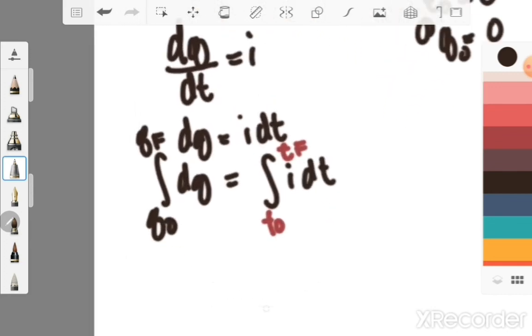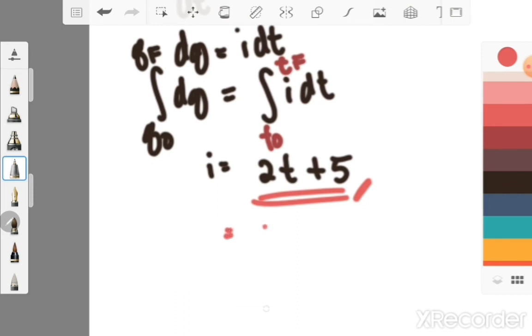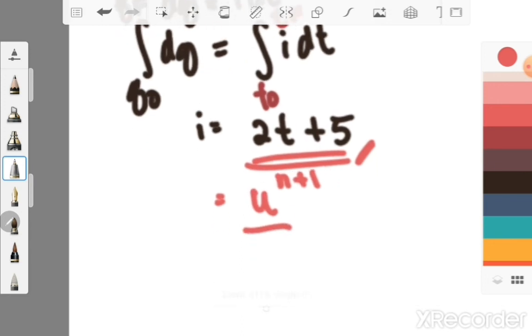Your I is equal to 2t plus 5. Right? So the formula for the integral of this function is just relatable to u raised to n plus 1 divided by n plus 1. Okay?